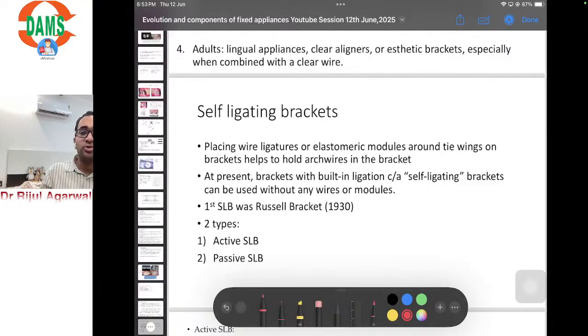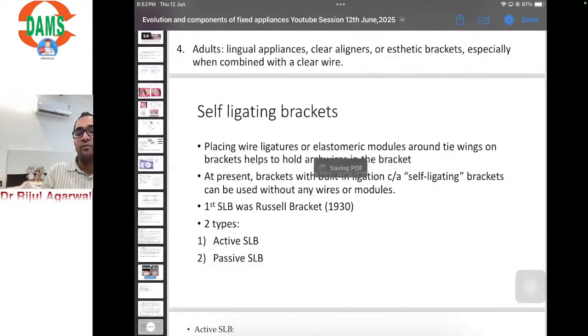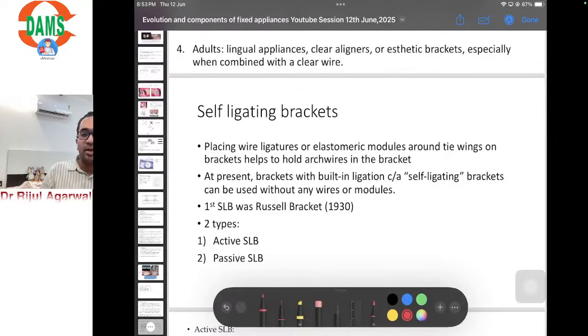So imagine a situation: you are sitting in a room and there is a door, and imagine yourself as the arch wire. If I close that door, you are the arch wire which can freely move around this bracket slot or compartment. A similar thing was developed with the bracket. Instead of tying them, the orthodontists or researchers placed a door or shutter on the opening of the bracket.